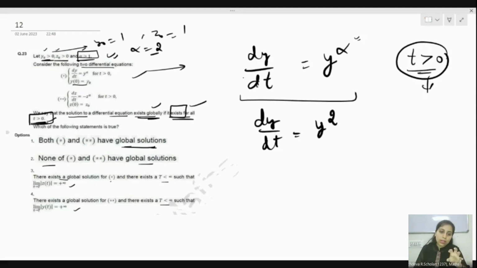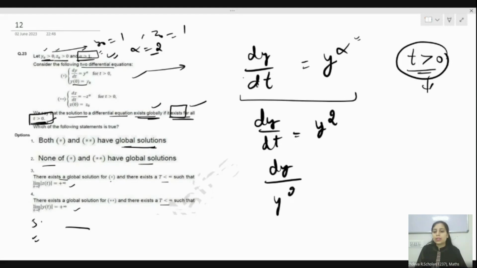They have not written the option like: for some alpha it has the global solution, for some alpha it doesn't have a global solution. If they write the option like this with for some, then we have to solve the general problem. But now they are asking for any alpha greater than 1, so we can take any particular case to conclude the solution. So this is the trick, a short trick. But use the short trick at the right time, not in every question. Just by the options, you can get the idea when to use these types of tricks.